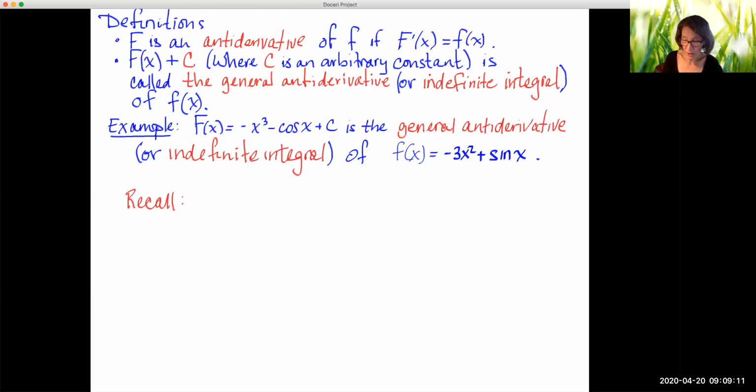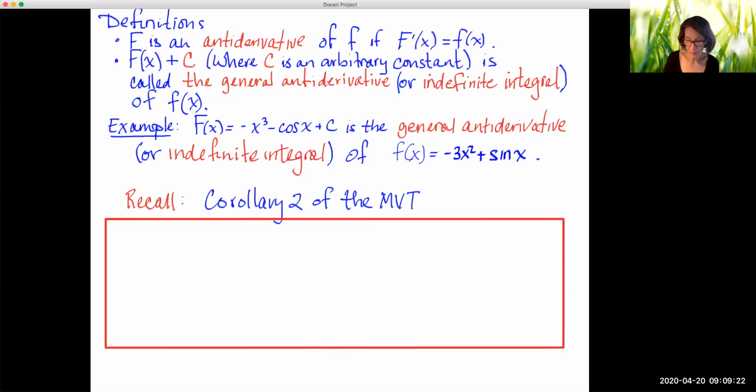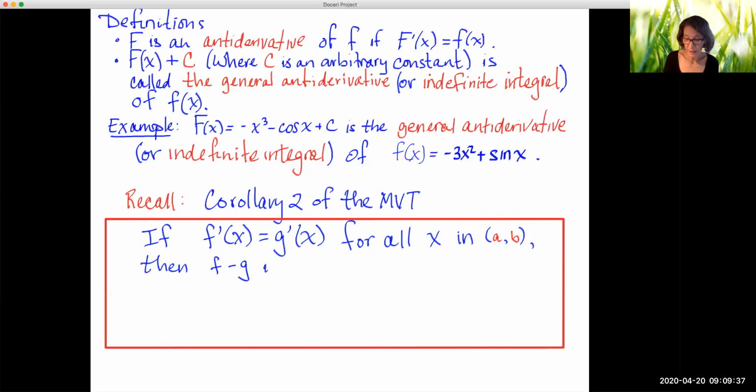So I'm going to remind you of a corollary to the mean value theorem. We had two corollaries to the mean value theorem. Corollary 2 said if f prime of x and g prime of x are the same for all numbers in some interval, then the two functions differ by a constant on that interval.